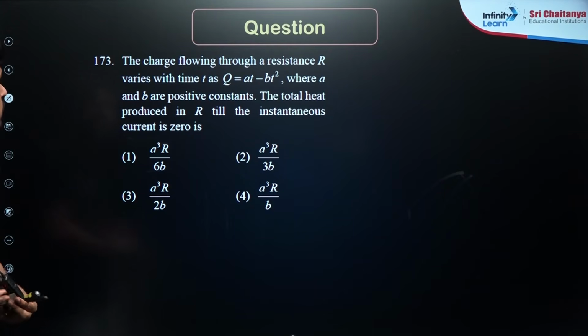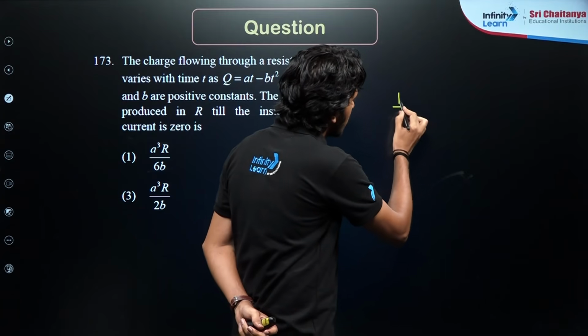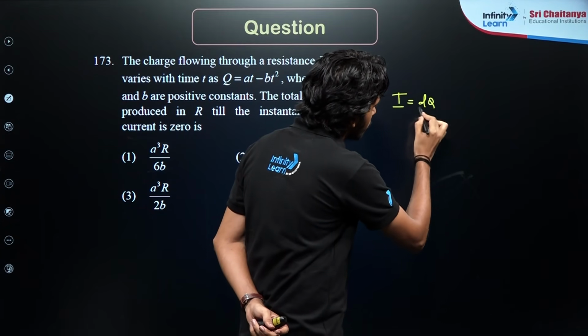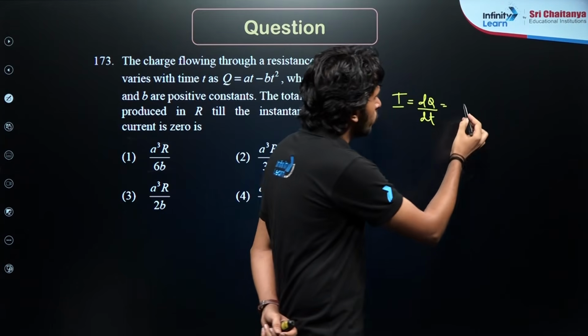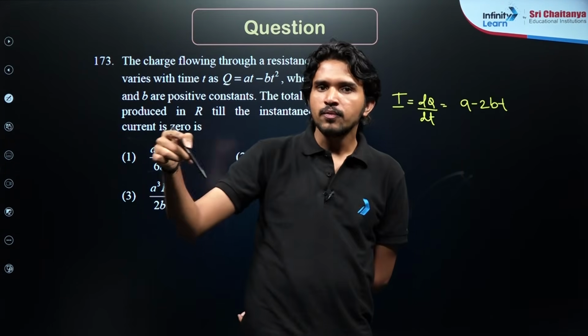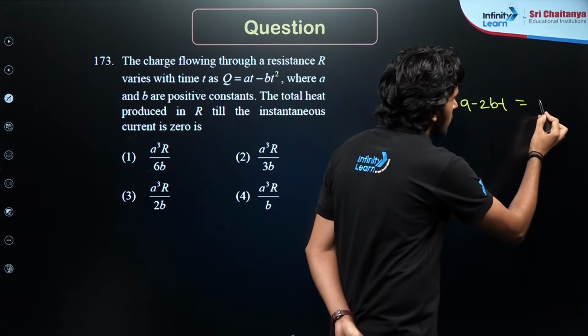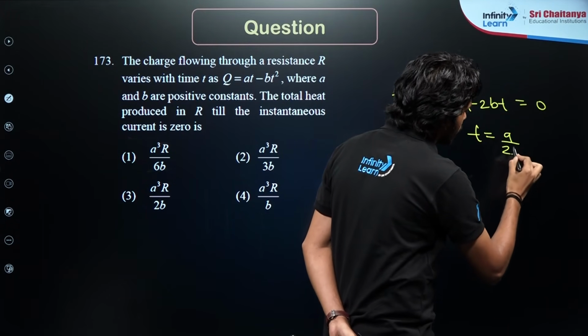So basically in this problem, the charge flowing through a resistor R varies with time t. So current, can I write current as dq by dt? So that would be what? A minus 2bt. And the time when it gets 0. So the time when current gets 0, that t time is A by 2b.